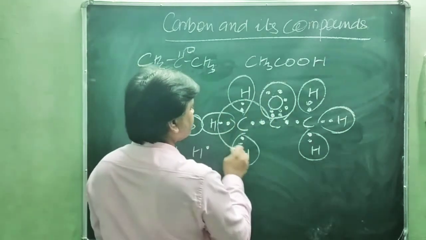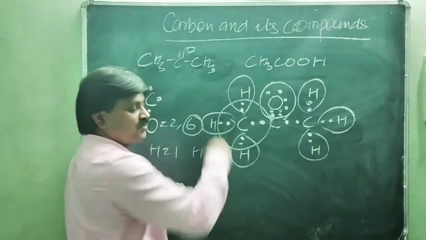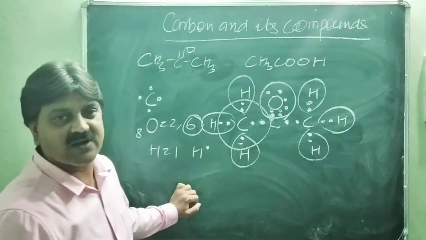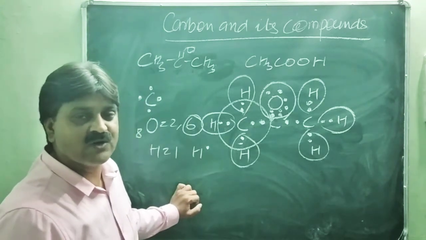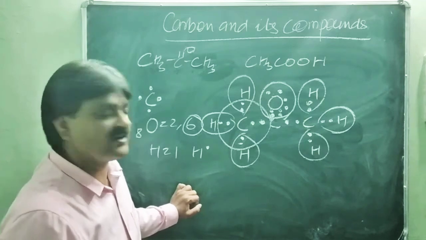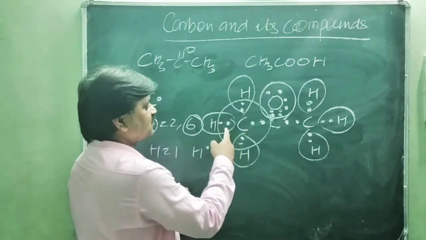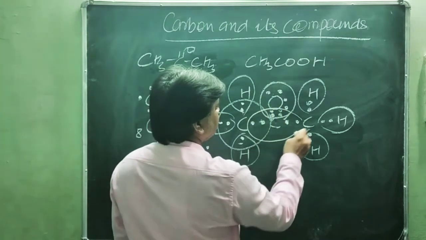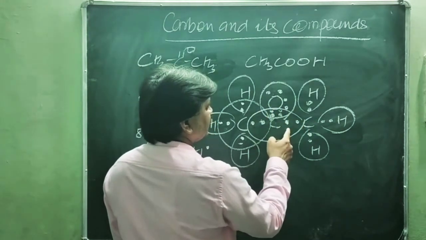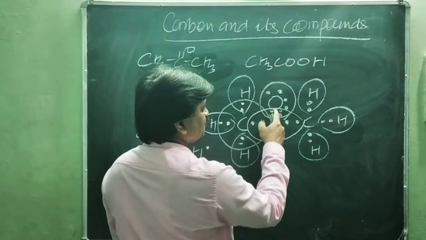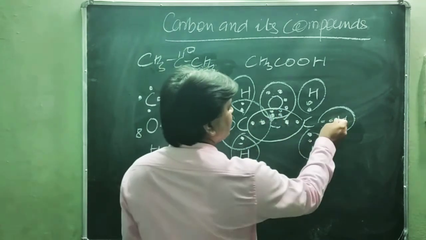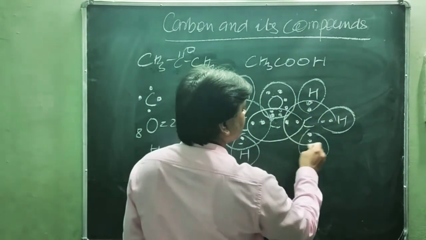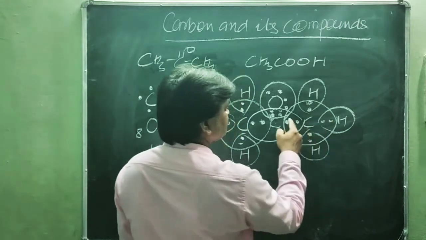In this way, circle out to find the total number of electrons shared by one atom with the other atom. This is 2, 4, 6, 8, and this carbon has 1 electron to this carbon atom and 2 electrons with the oxygen, 2, 4, 6, 8. This carbon, this is 2, 4, 6, 8.